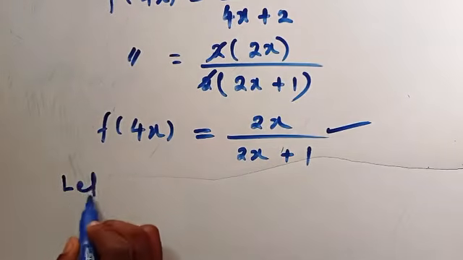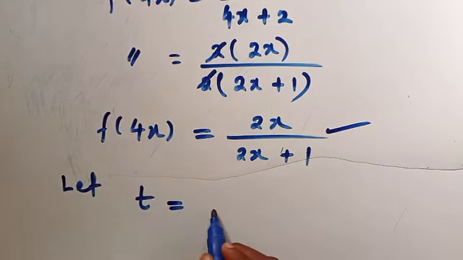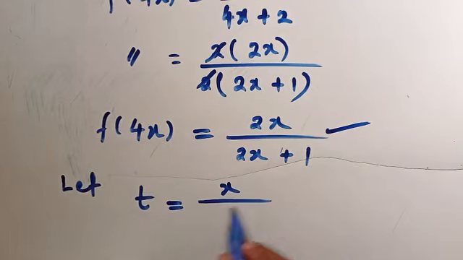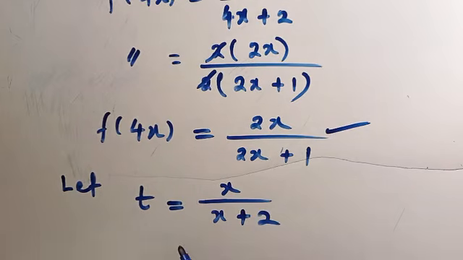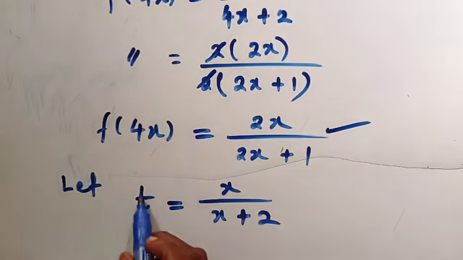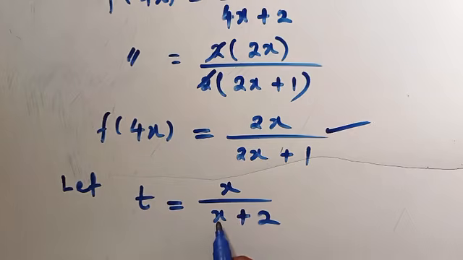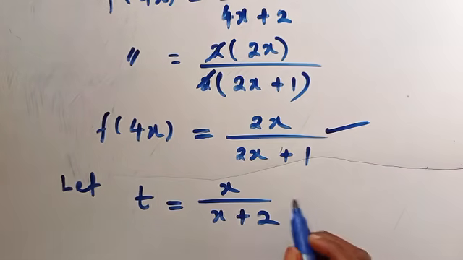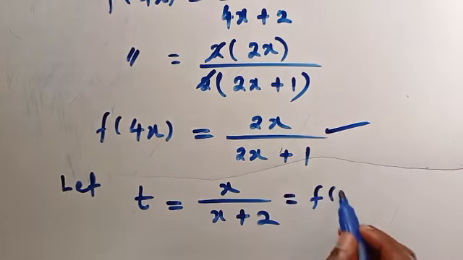Suppose I let the letter t equal x divided by x plus 2, and I want to make x the subject of the formula from here. So I note that when I let t equal x over x plus 2, this is also equal to f of x.